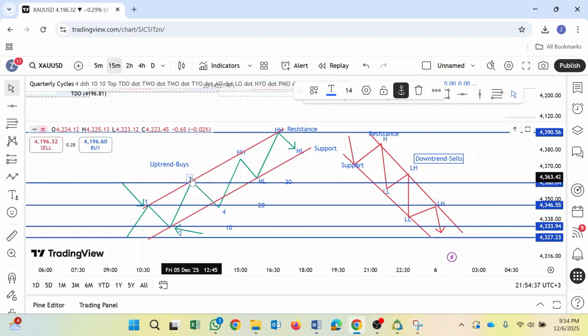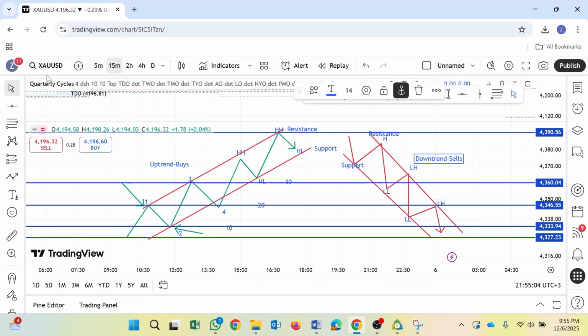Once you understand that and you analyze it several times, it becomes easier for you to predict where the market is headed. Now that is our lesson 3 on the trend of the market: a downtrend favors sales, an uptrend favors buys.